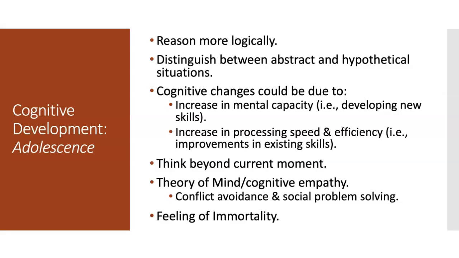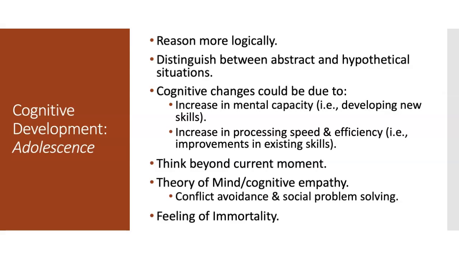Now, according to Piaget, teenagers would be entering the formal operation stage. Now, he actually said that not everyone goes into that stage. That is the very last stage. But assuming that teenagers are, what you'd start to see is this ability to reason more logically, this ability to distinguish between abstract and hypothetical situations.